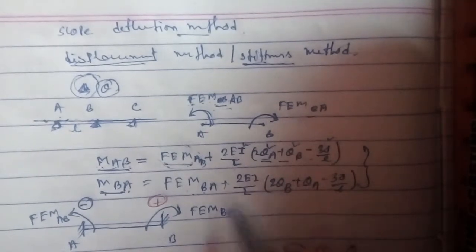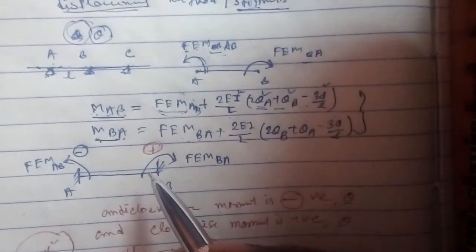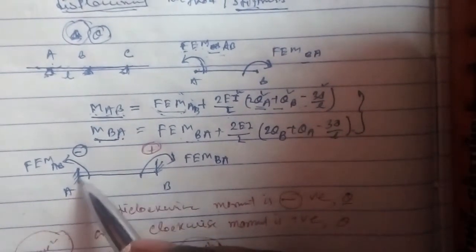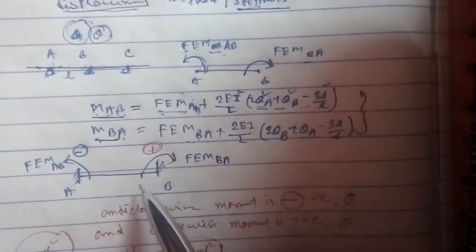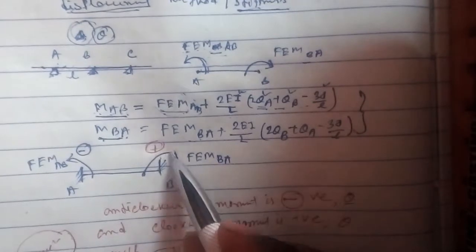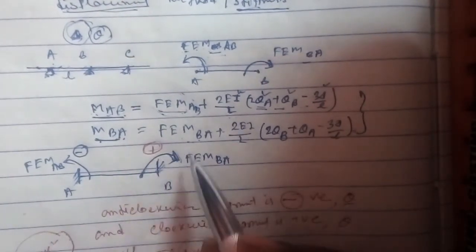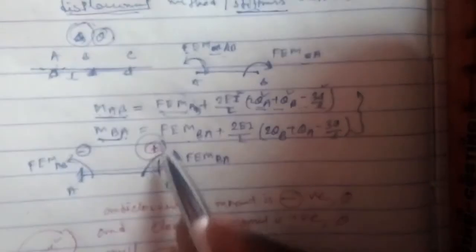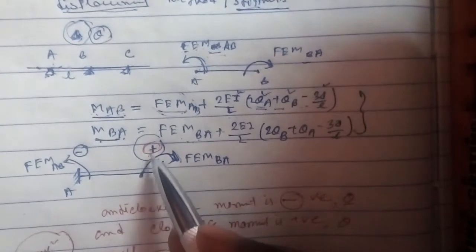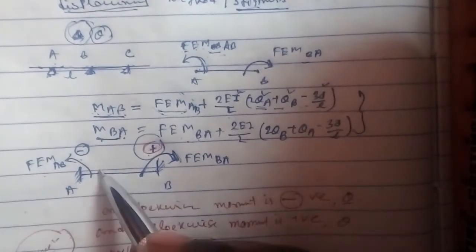Now I will discuss the sign convention for the fixed end moment. Suppose the beam AB is fixed at its two ends. At these ends, one moment will be generated in this way, clockwise. A clockwise moment is always positive and an anti-clockwise moment is always negative.